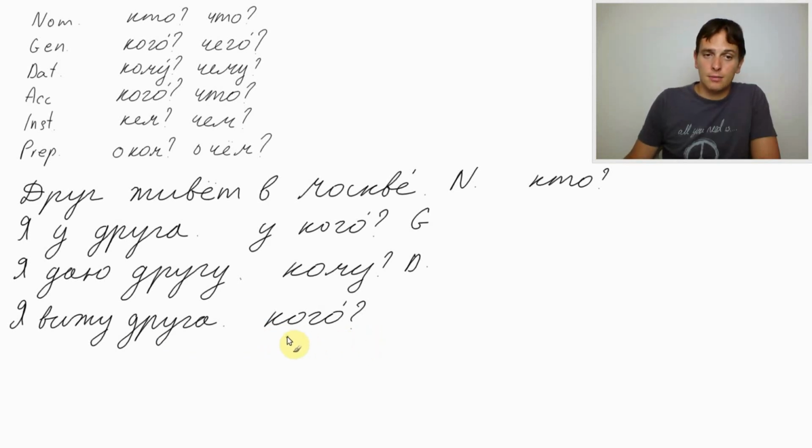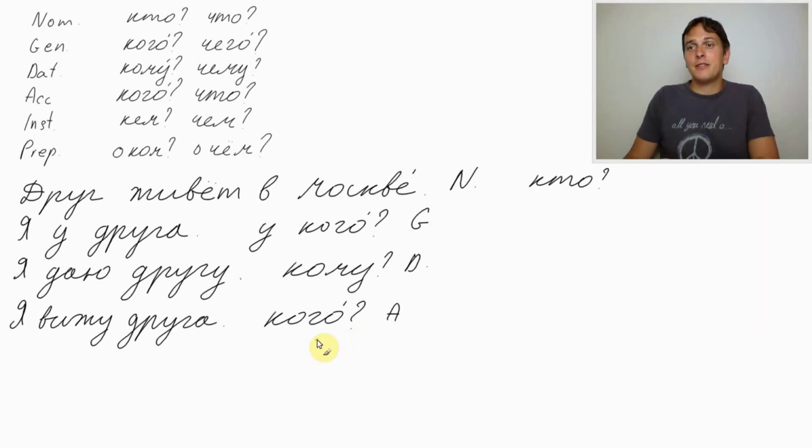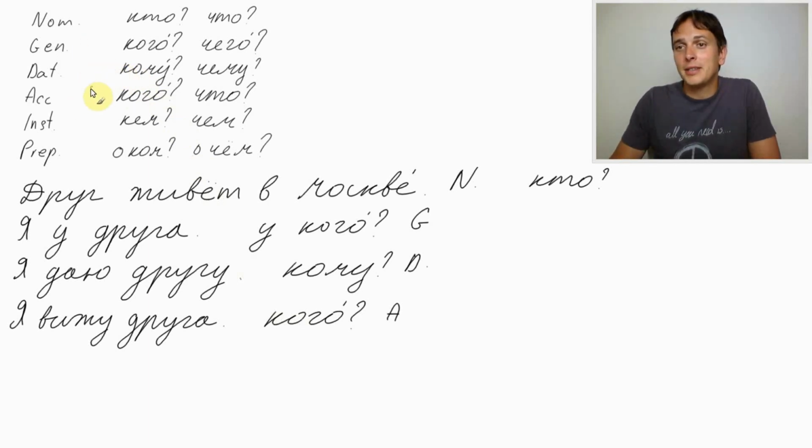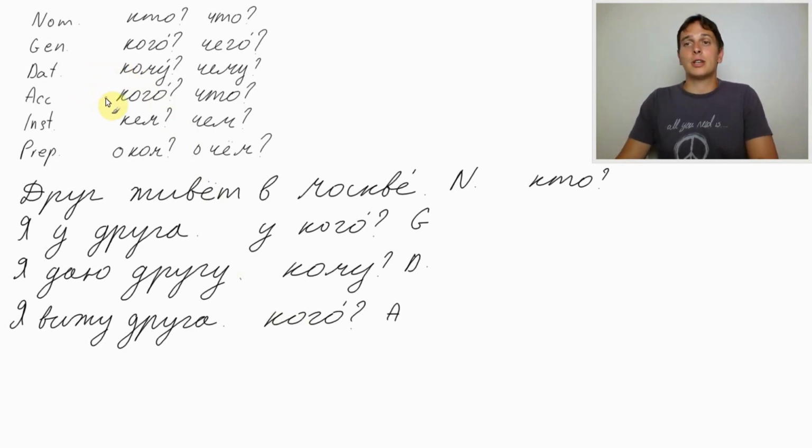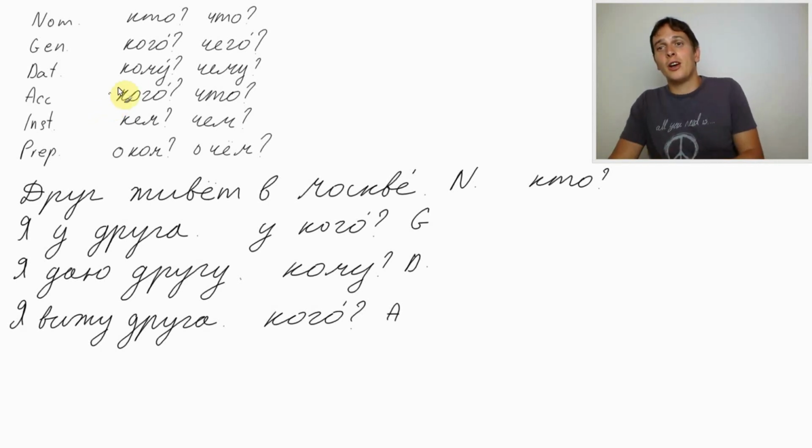Я вижу друга. I'm seeing a friend. Here we get accusative. And you can see here also, we got кого here and кого here. We got different functions because at whose and whom am I seeing? So that answers different question, and it follows different logic of two cases in Russian language. We will understand this logic and the difference later on once we go through each single case one after another. Right now, you just need to understand the global logic of cases.